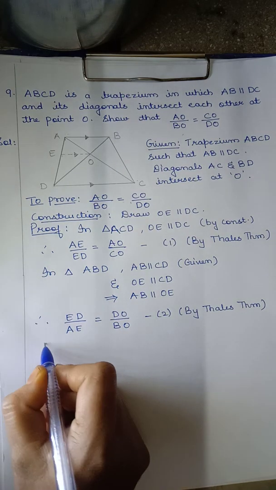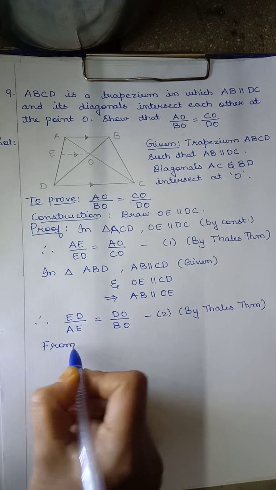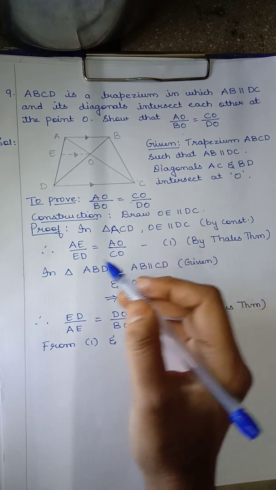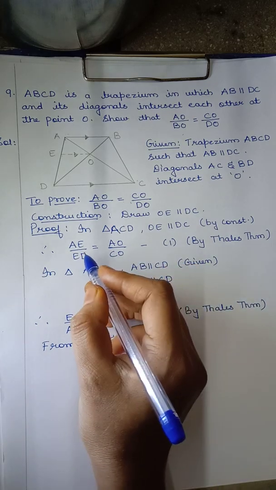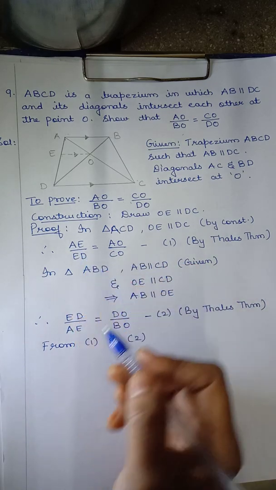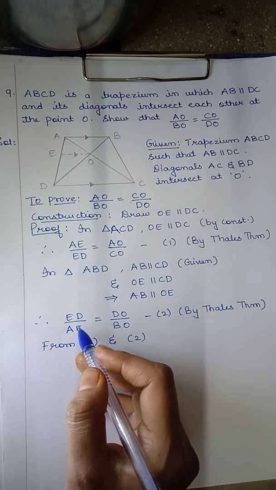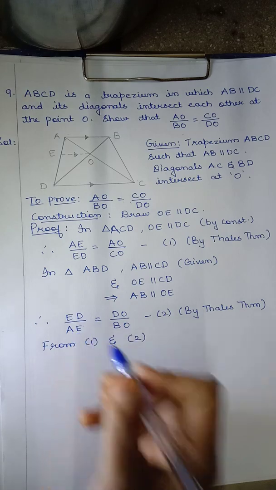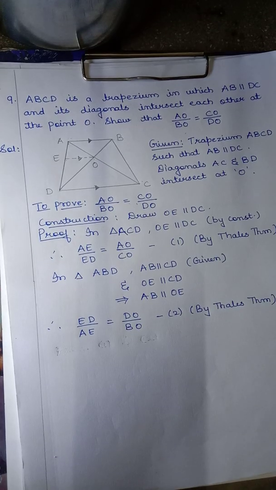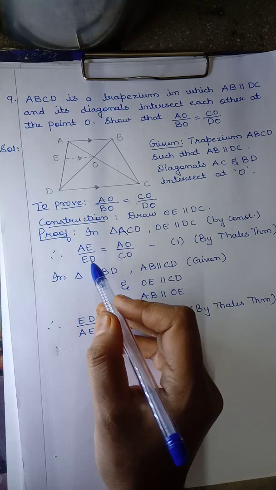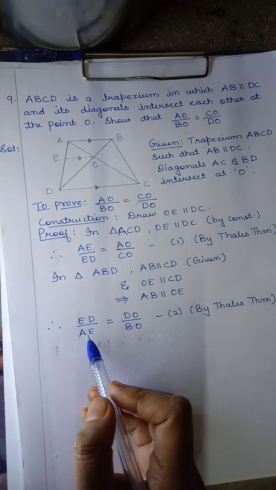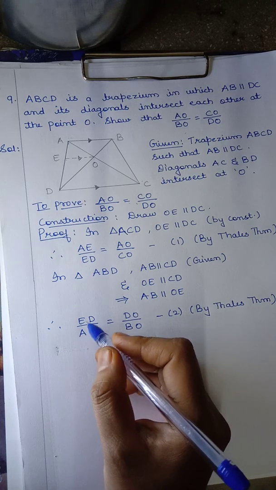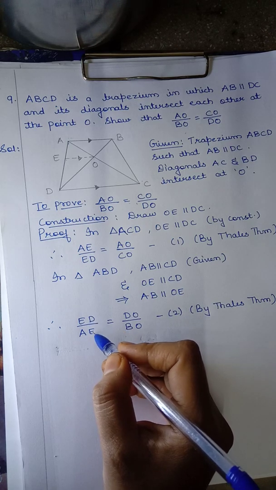Now from equation 1 and 2, you can see AE upon ED here, and here it is ED upon AE. So first let us change this. Now see children, here it is AE upon ED and here it is ED upon AE. So let's interchange the terms. AE we will take in the numerator and ED in the denominator.